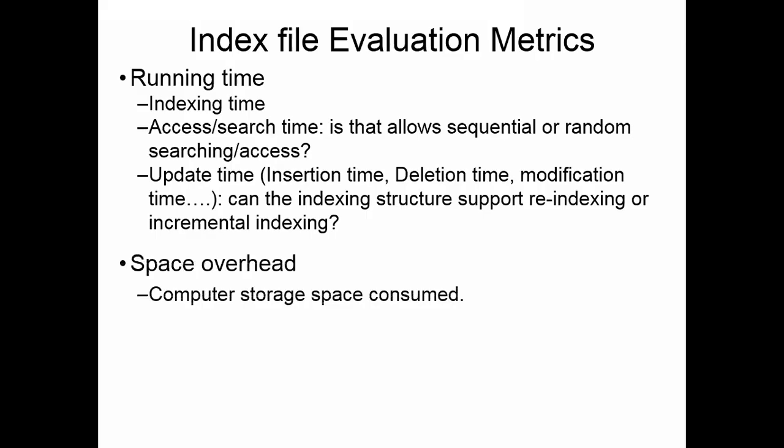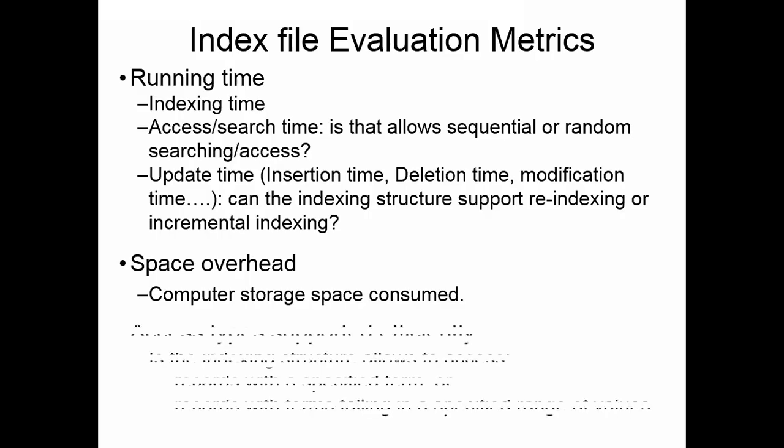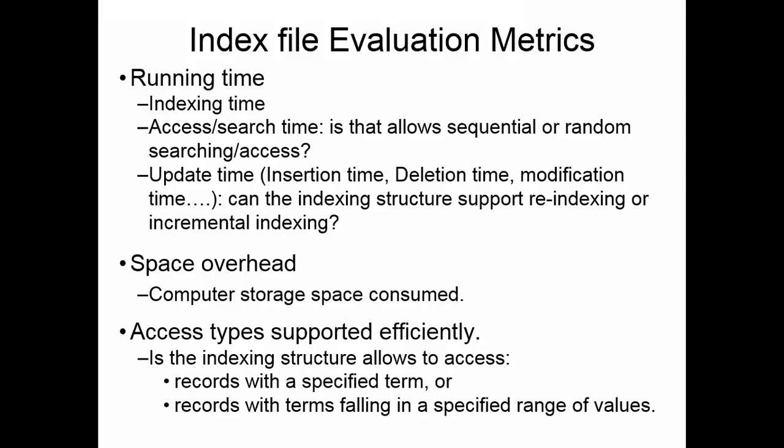The other criteria is the space requirement. The index file should take as minimal space as possible, or it has to optimally use the available space. And also access type. What kind of access type is supported by the indexing structure?